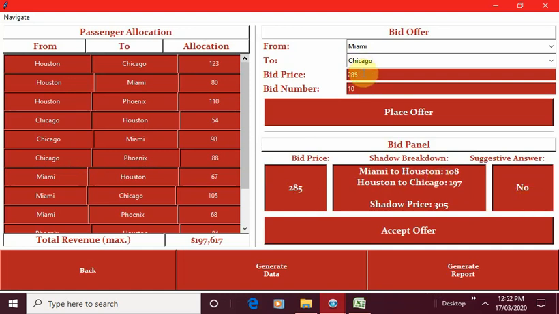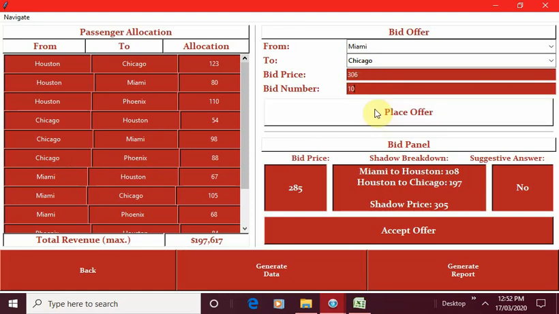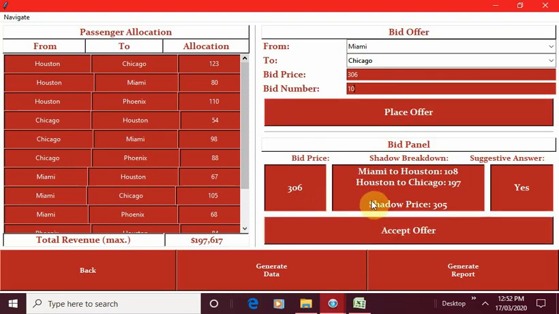Now let's assume there is another airline offering $306 per seat, and they want to book 10 seats. Let's place the order. With the 306 bid price, this is the same calculation, Miami to Houston and Houston to Chicago, and the suggested answer is yes.